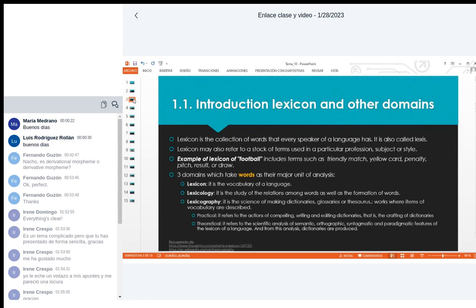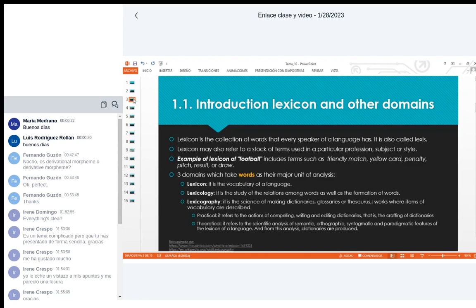Now, lexicon is also used to refer to familiar words of a specific subject or a specific profession. For example, I'm very fond of football, so I use the lexicon of football, which would include words such as friendly match, yellow card, penalty, pitch, result, or draw.